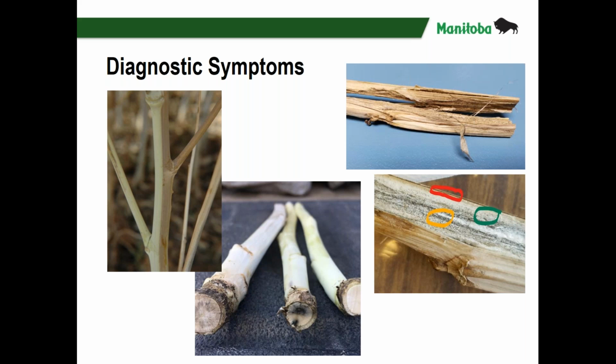In this picture with the colored circles, those again are microsclerotia, and they are found peppered throughout the pith and the vascular tissues, and just underneath the epidermis or the skin of the stems.